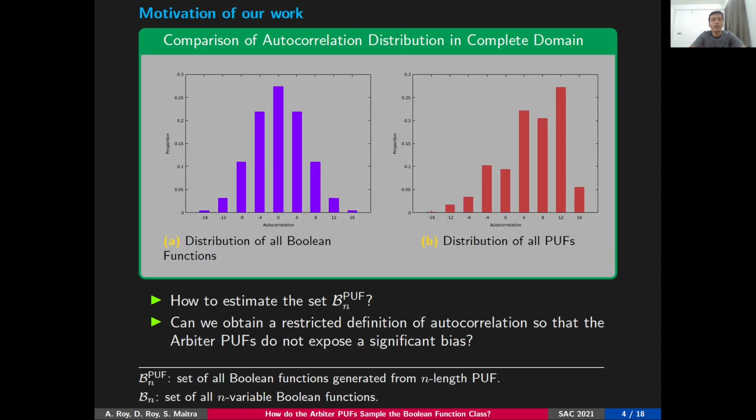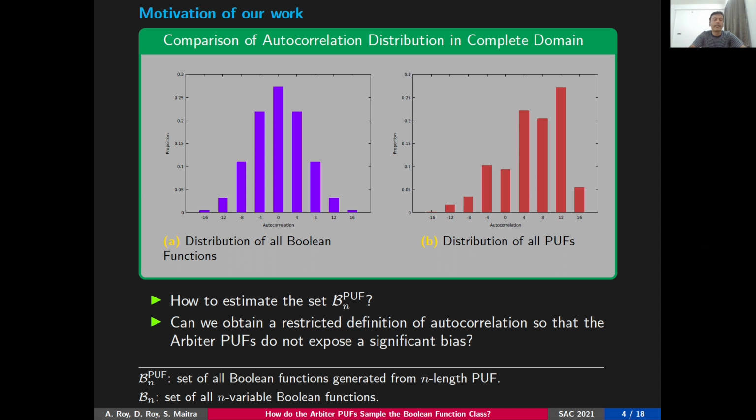Now, if you look into the autocorrelation distribution of Boolean functions involving 4 variables and 4 length PUF, then you can see that these two distributions are highly different. That means that 4 length PUF is not generating the class of complete Boolean functions.